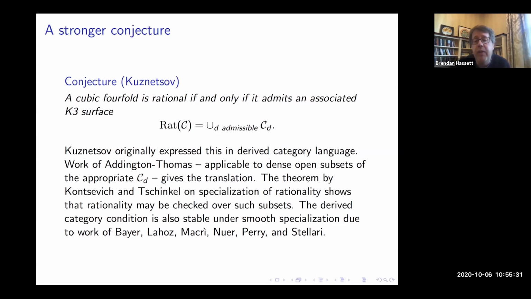The theorem of Kontsevich and Tschinkel shows that rationality is compatible with specialization, and the derived category condition that this was originally expressed in is also stable under smooth specialization. So I think that this is really just a reformulation of the original conjecture that the rational cubic fourfolds are given by those that admit associated K3 surfaces.